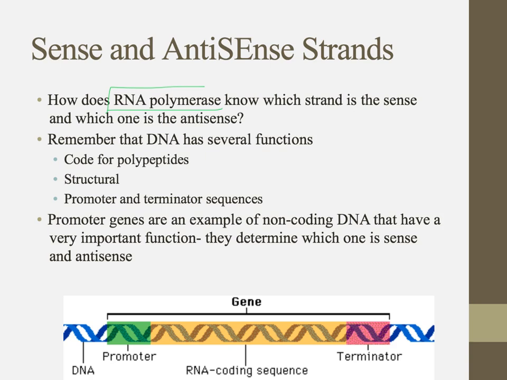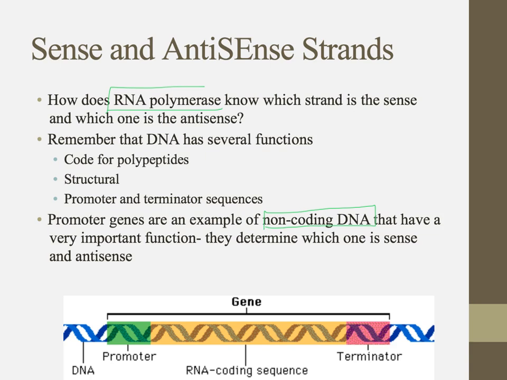Promoter genes are an example of non-coding DNA. They do not have a gene property. They're not there to make a polypeptide. That doesn't mean they don't have codes. Of course, they're made out of base pairs. It just means that they're not there to actually make a polypeptide.